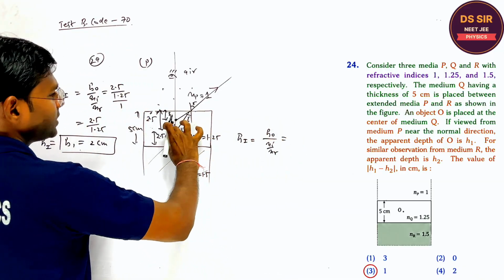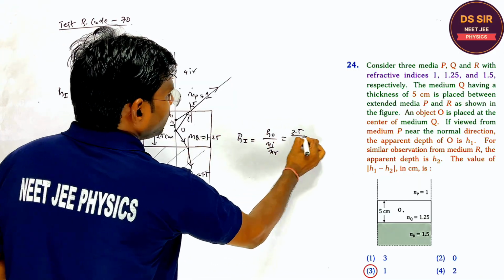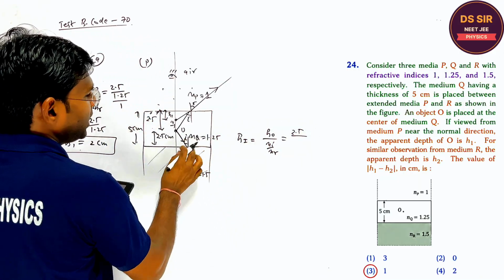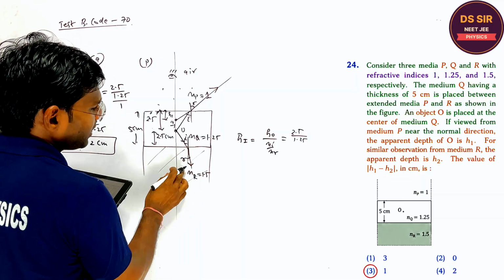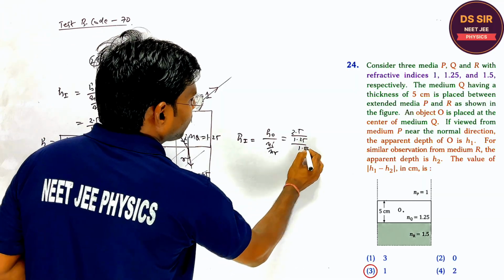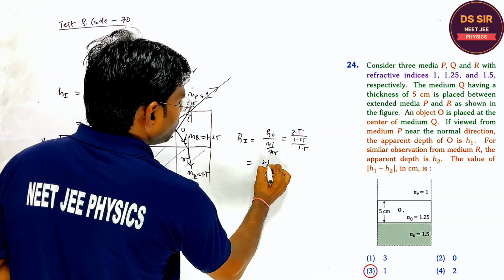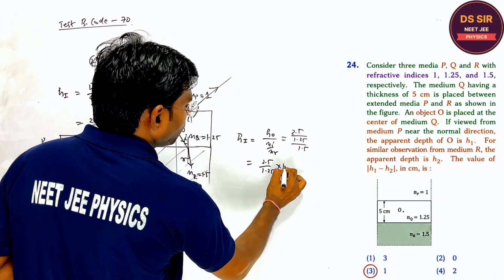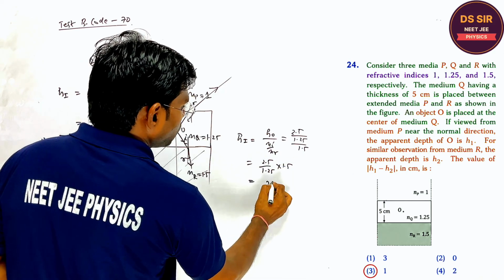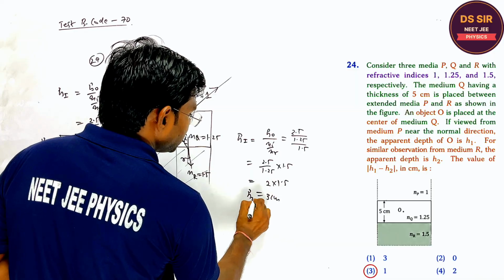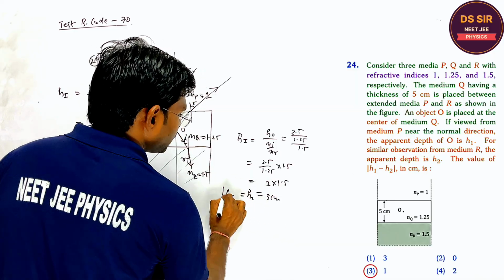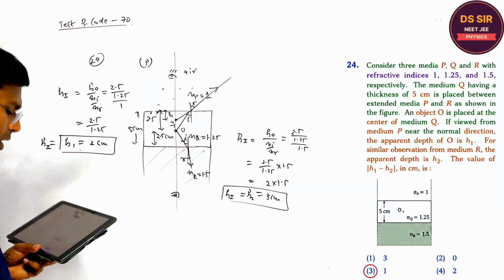The object height is again 2.5 centimeter, but this time the incident medium is 1.2, and the refracted medium is 1.5. So 2.5 into 1.25 into 1.5 gives 2 into 1.5, which is 3 centimeter. This image distance is given as h2 in the question.